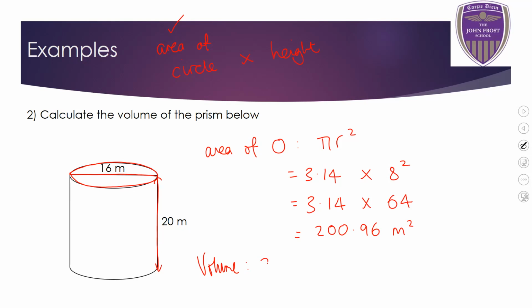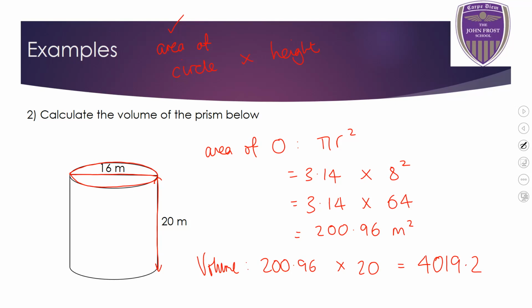So for the volume, we're going to do 200.96 multiplied by the height, which is 20. Again, even with that one, you don't need to use a calculator. Do 200.96 times by 2, so double it, and then times by 10, or the other way around. 200.96 times by 20 is 4,019.2.